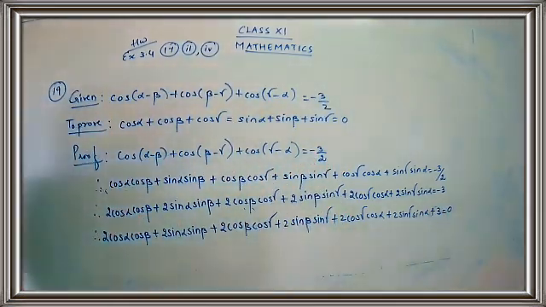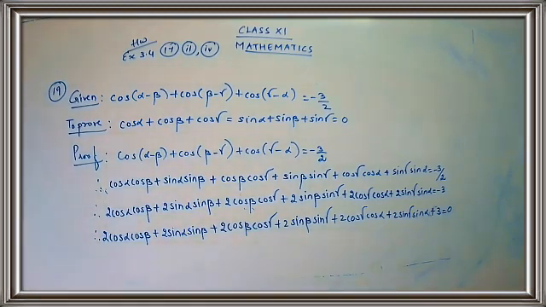So just write down properly, children. Do not miss any terms. 1, 2, 3, 4, 5, 6, and along with the constant term, totally 7. You have 2 cos alpha cos beta plus 2 sin alpha sin beta, 2 cos beta cos gamma plus 2 sin beta sin gamma plus 2 cos gamma cos alpha plus 2 sin gamma sin alpha plus 3 is equal to 0.